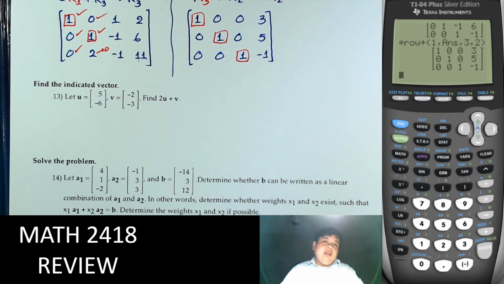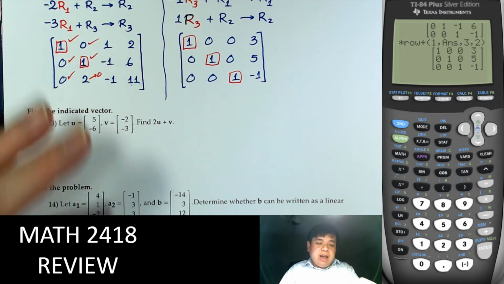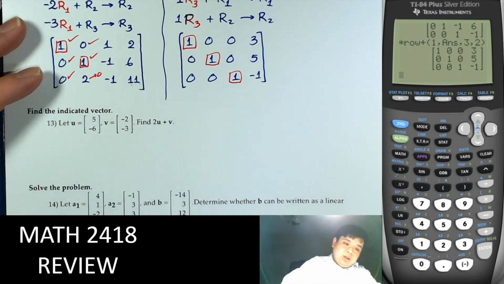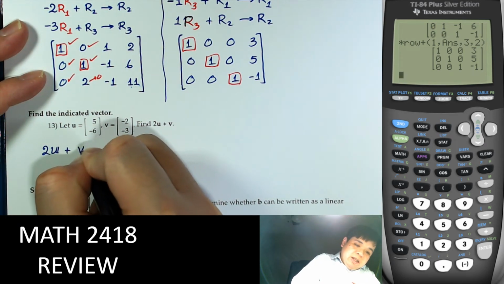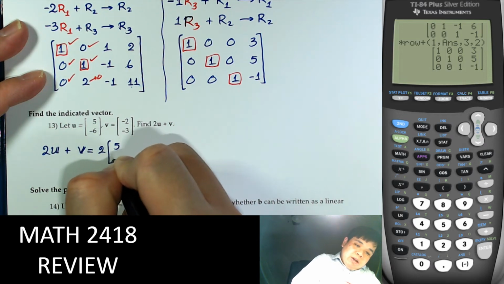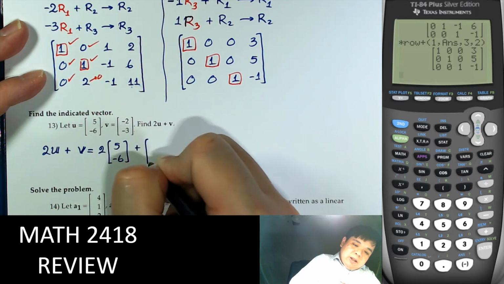Right, next one is a lot easier. Let u be this vector and v that vector. Now just do the linear combination of 2u plus v. So 2 times the vector u plus vector v, 2 times 5, -6 plus the v.